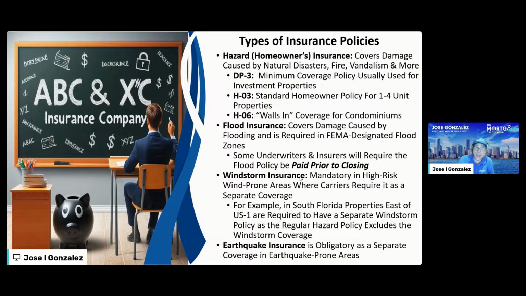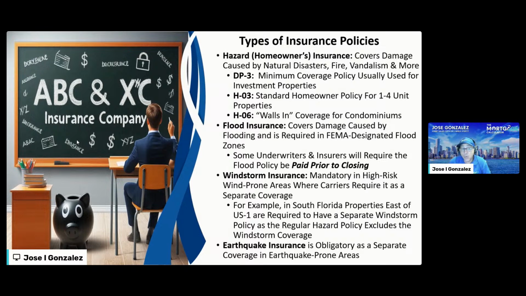So usually the combination of the hazard policy that doesn't include windstorm and the windstorm policy is going to be more expensive than a regular hazard policy that does include windstorm, because it's a higher risk area. Now, earthquake insurance, you may have run into this in some states like California, is obligatory as a separate coverage, just like windstorm, in earthquake prone areas.